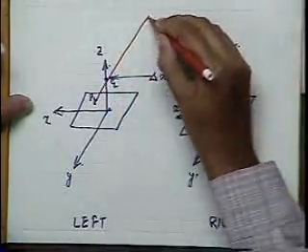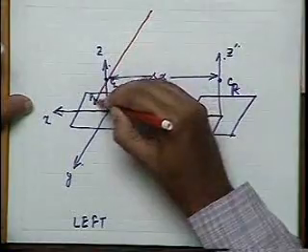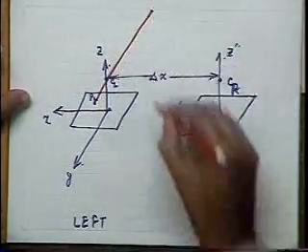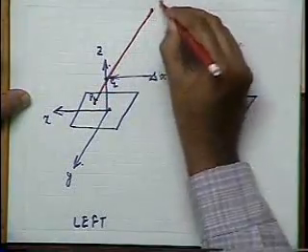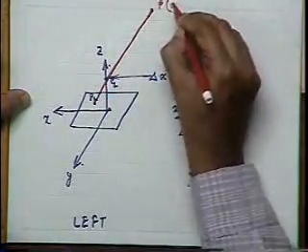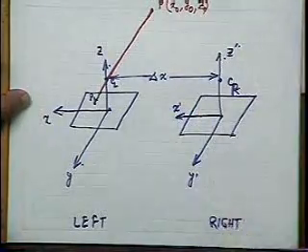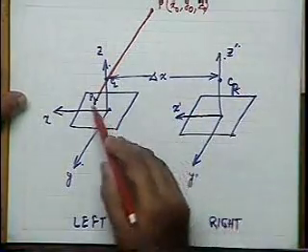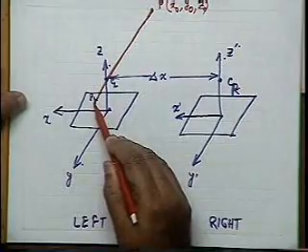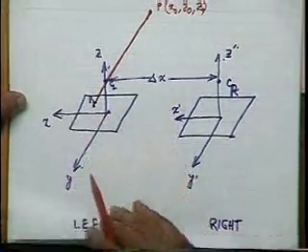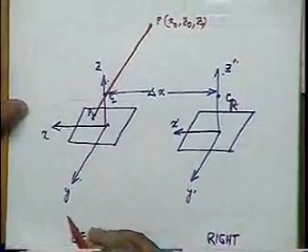I join this PL with CL and extend this ray. Supposing somewhere over here I have my point P having coordinate x0, y0, z0 defined with respect to the first camera's coordinate system x, y, z.